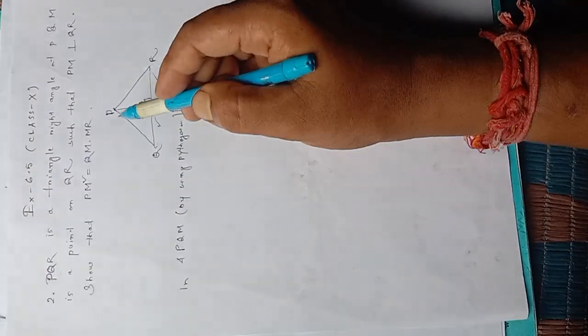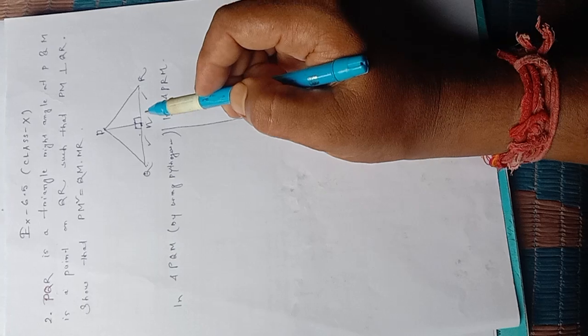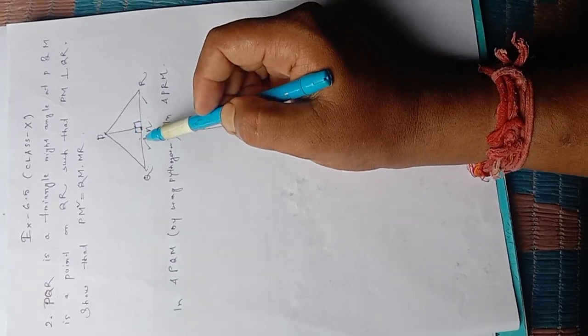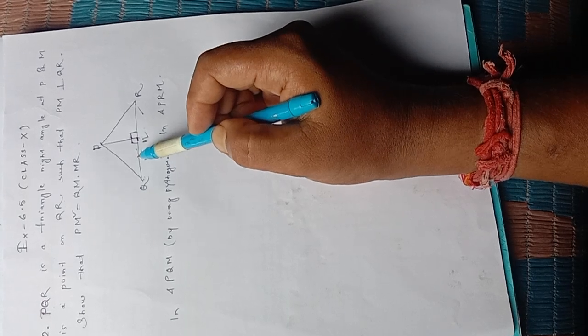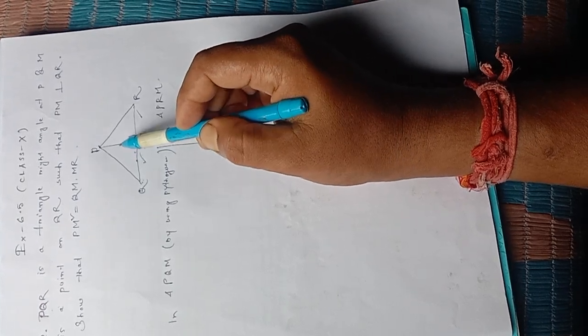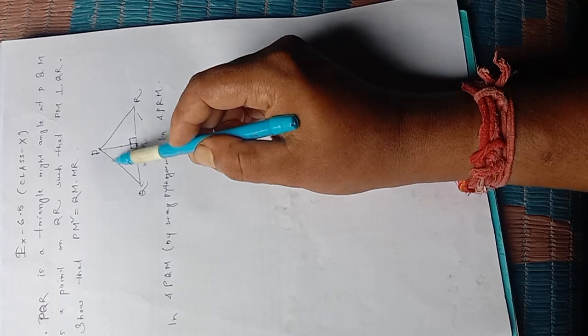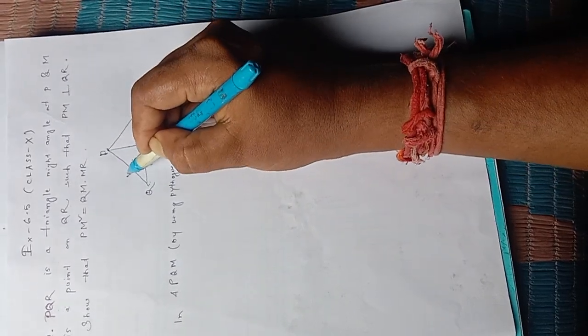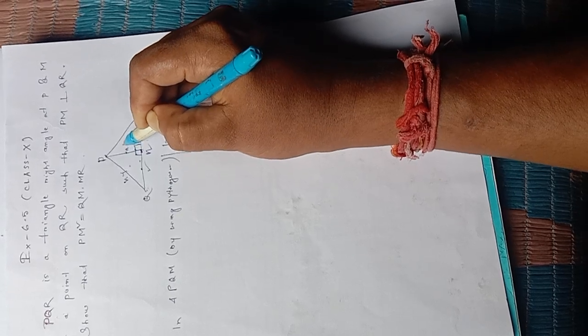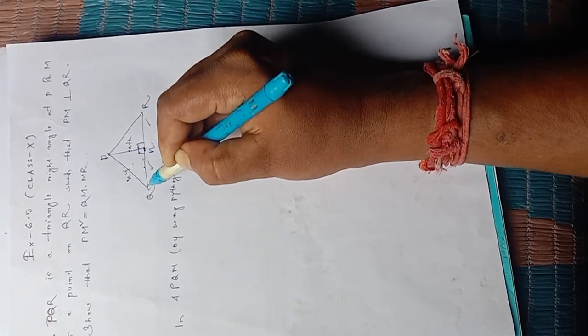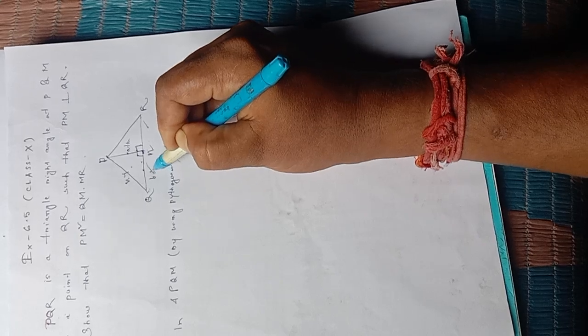Now you see in PQM, according to the condition of Pythagoras theorem, the sum of squares of base and altitude should be equal to the square of the hypotenuse. This is the hypotenuse, this is our altitude, height, and QM is the base.